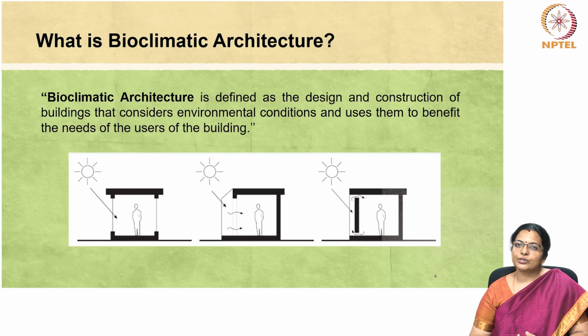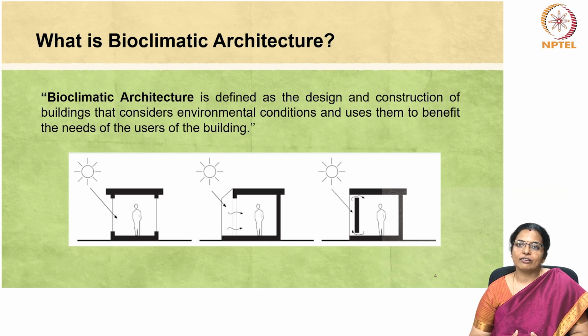This image gives you a glimpse of three ways of heating a building. We will be looking at these methods in detail, but just to tell you how we are using nature as a means to tap whatever we want in order to make the indoors comfortable.